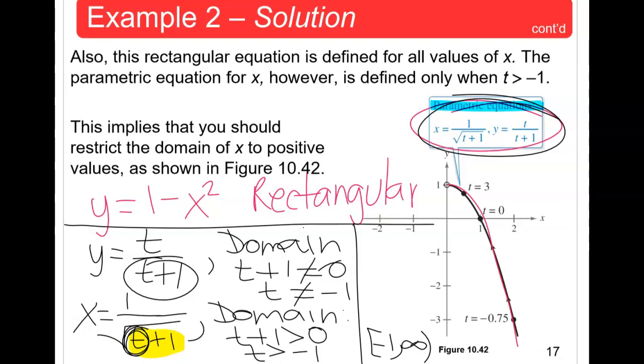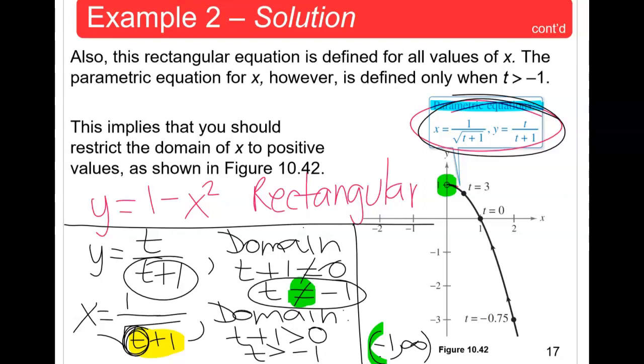And so for that reason, we don't include -1, so we use parentheses. Another very good reason is that we cannot have t as -1, so of course -1 is not included. And you could see that by the open circle that we have here. The circle is not filled in with black like the other circles that we see on the graph of the curve. So t must be greater than -1.